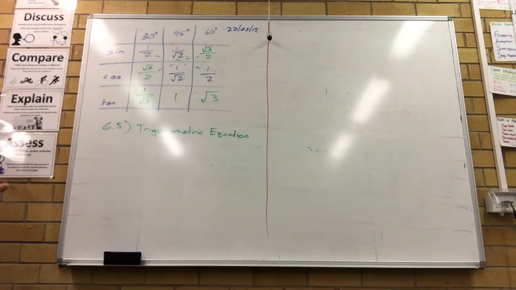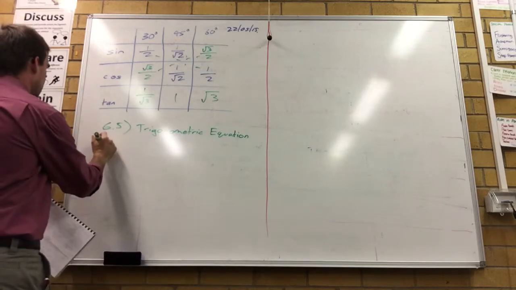Okay, so the way we did that is we used the properties in that table, and then set up an expression so that we could work out the value of our angle. Okay, so last lesson, and the video is up as of yesterday afternoon.